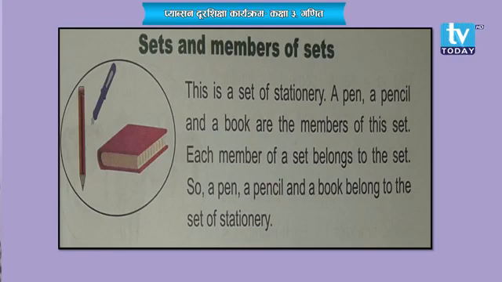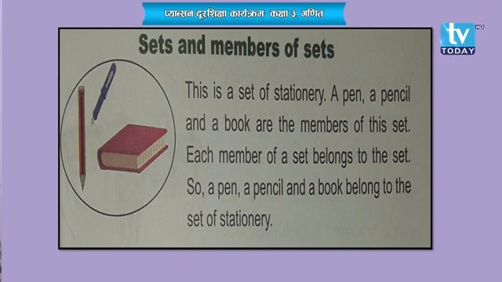A pen, a pencil and a book, they are the members of the set. Each member belongs to this one set, right? They belong to that set. So, a pen, a pencil and a book belong to a set of stationery.